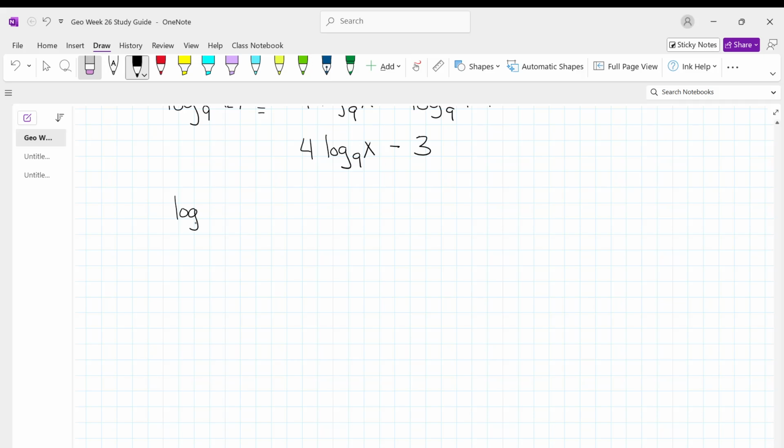Log 7 of 49xy. All right, we've got multiplication going on. So in expanded form, we got log 7 of 49 plus log 7 of x plus log 7 of y.